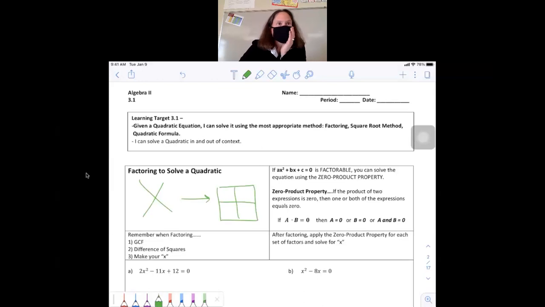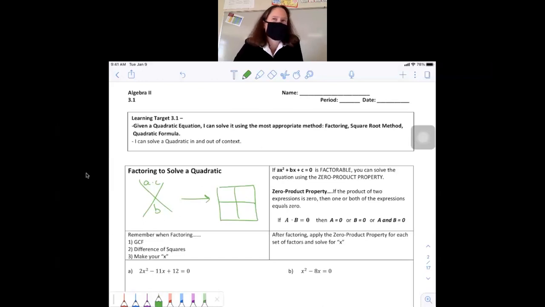Yes, the X box, where you put A times C at the top, B at the bottom. And then we can use the box technique to pull out our greatest common factor of everything.